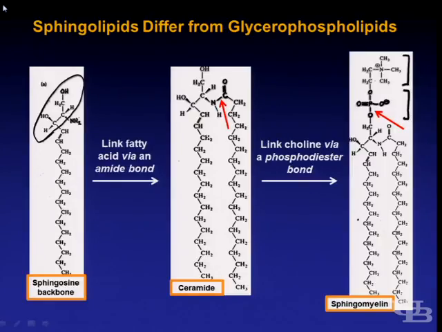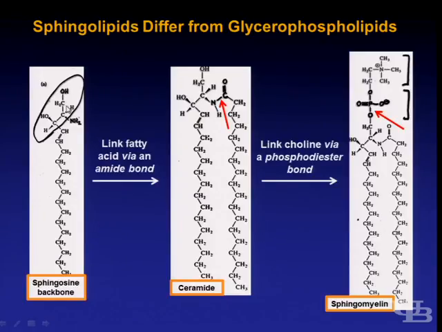So the second class are sphingolipids. Now they are different from the glycerophospholipids. First of all, their backbone is different. They do not have glycerol as a backbone. This is the backbone, sphingosine, which is a long-chain fatty acid.